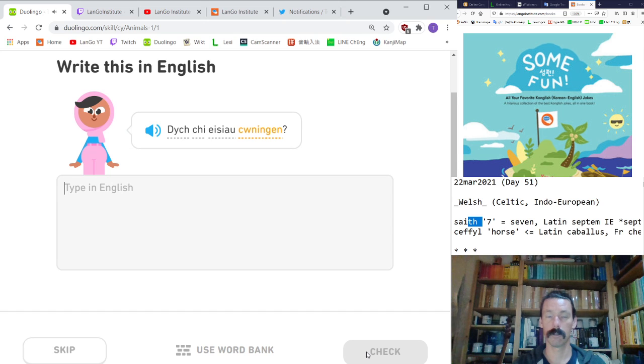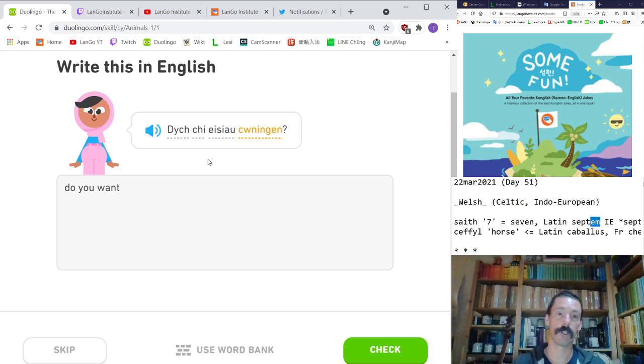Dych chi eisiau cwningen? The rest of that final syllable is just lost in Welsh. Cwningen looks like the Old English word for king, but it's a rabbit, king rabbit. Dych chi eisiau means do you want, not like. The structure is a bit different on the verb.